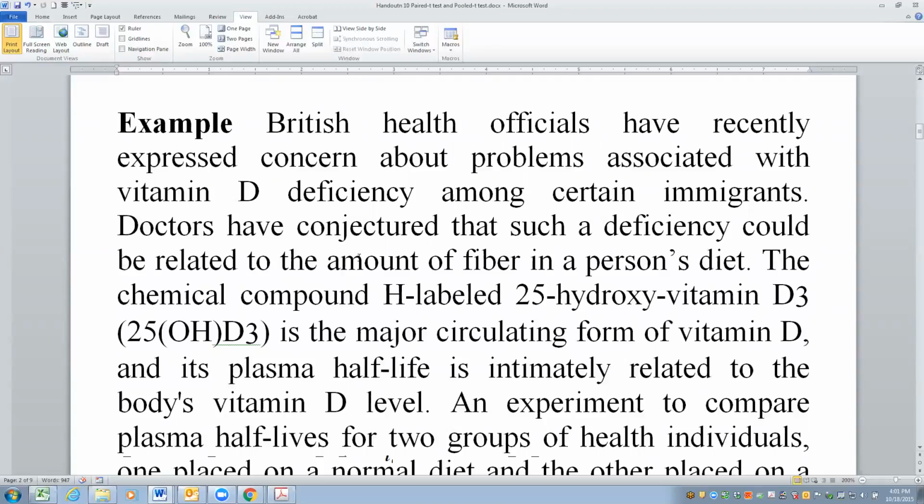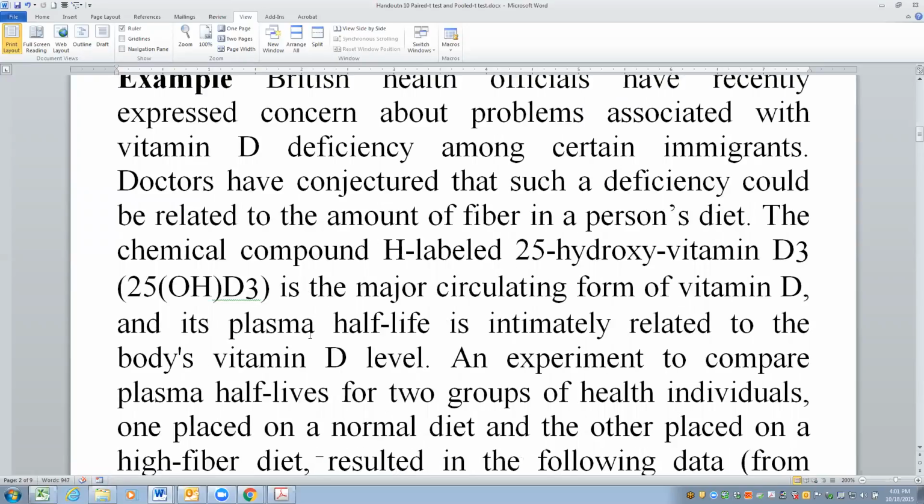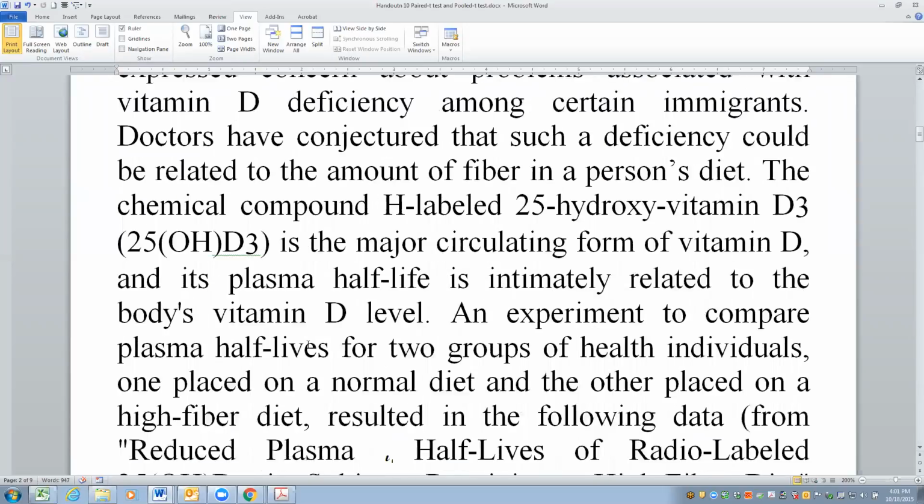Doctors have conjectured that such a deficiency could be related to the amount of fiber in a person's diet. The chemical compound labeled 25-hydroxyvitamin D3 is the major circulating form of vitamin D, and its plasma half-life is intimately related to the body's vitamin D level.